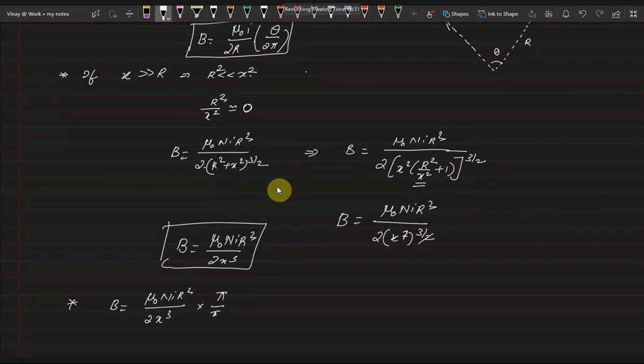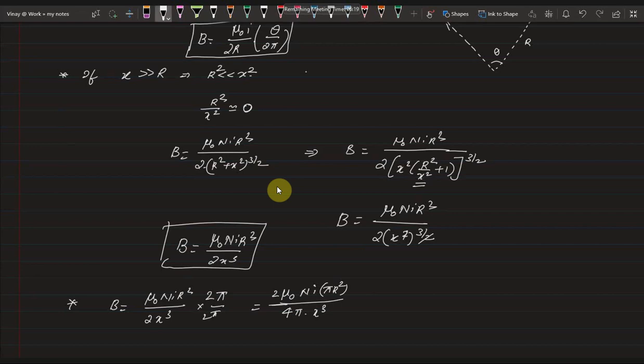If you multiply and divide with pi, then you can write like this: mu naught n I pi r square divided by 2 pi into x cube. Understood this point? Or else directly divide with 2 pi, then it will be better. Then this is mu naught 2 n I pi r square by 4 pi x cube.